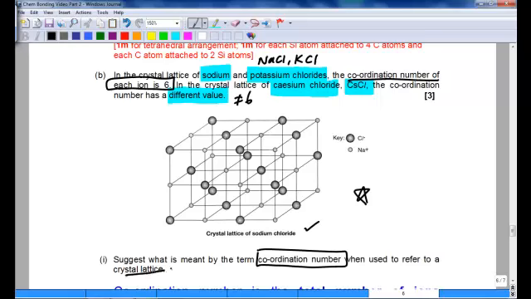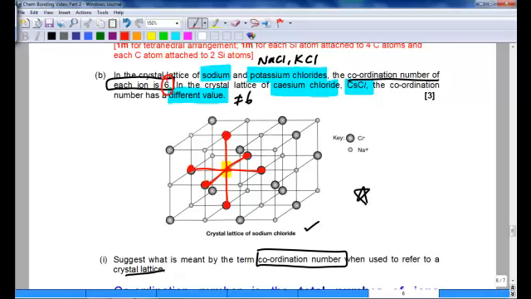I guess from this diagram you should be able to deduce this on your own, although it is not taught. Use it to deduce what your coordination number is. Just randomly pick one Na+ ion and you will notice that it is attached to 1 Cl-, 2 Cl-, 3 Cl-, 4 Cl-, 5 Cl-, 6 Cl-, corresponding to coordination number 6.